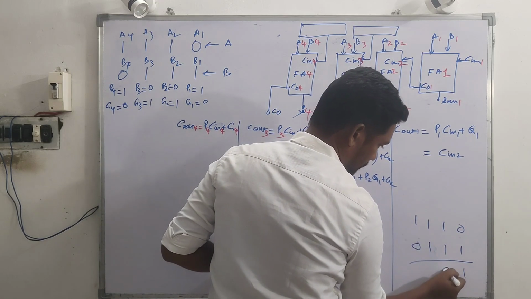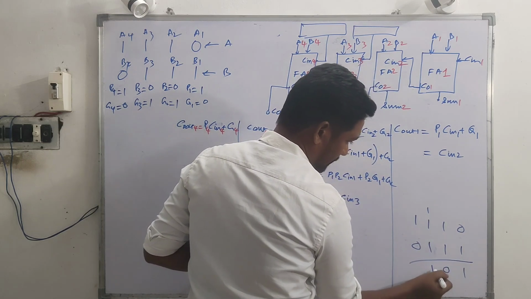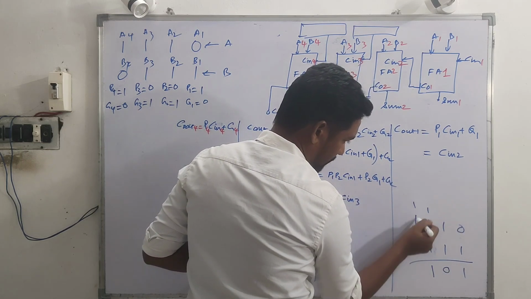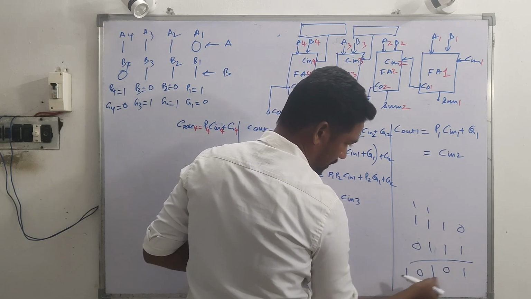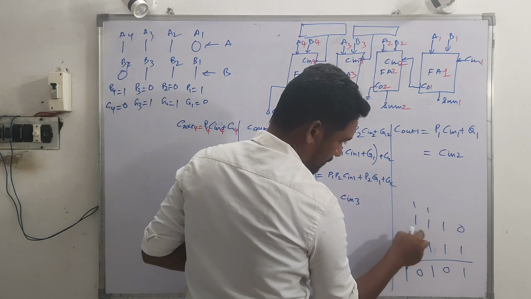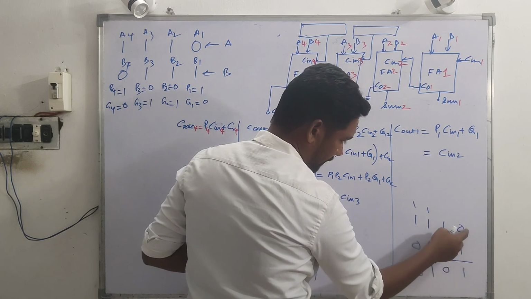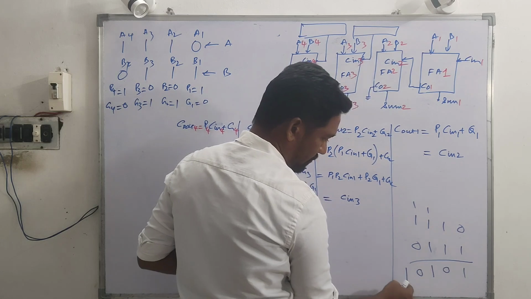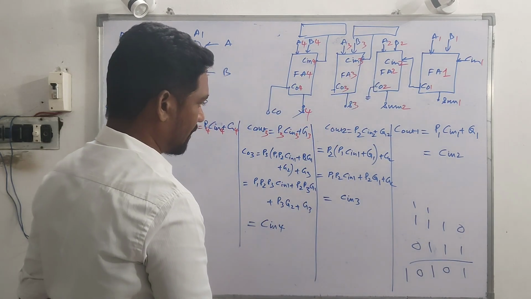Next, the sum is 0 with a carry 1. Then the sum is 1, carry is 1. Then the sum is 0 and carry is 1. So if we add 1 1 1 0 and 0 1 1 1, we need to get 1 0 1 0 1. All right, so that's the working example.